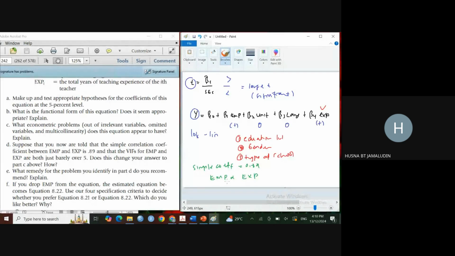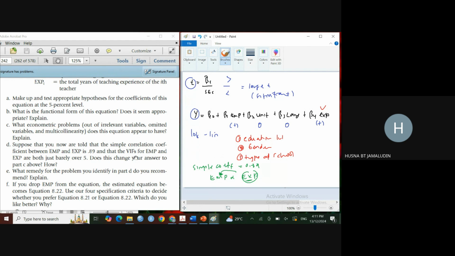It means that they are closely related. So this one variable can explain so much of the EMP. So of course, this is telling you that you have a severe multi-co issue. So how about the VIF?